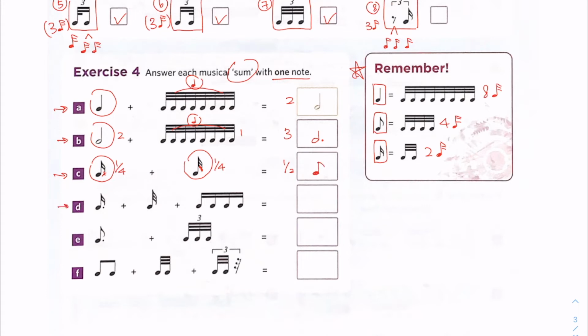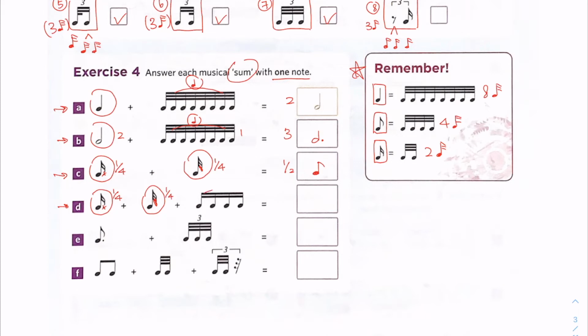Next, question D. Again, we have a dotted semiquaver plus a demisemiquaver. So cross out the dot from the first note, cross out one tail from the second note. We have a semiquaver here plus another semiquaver here.